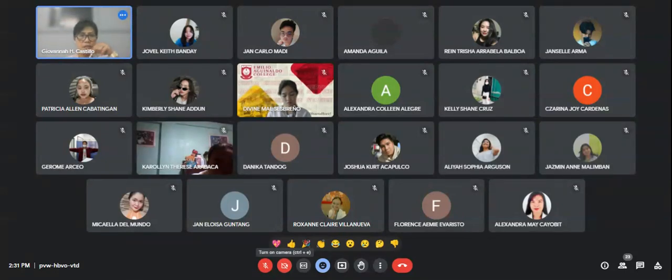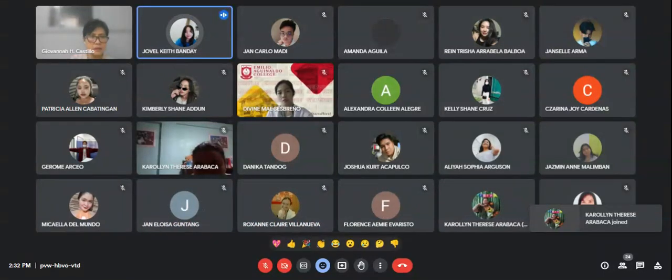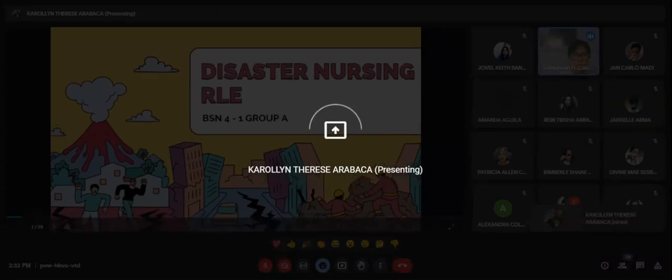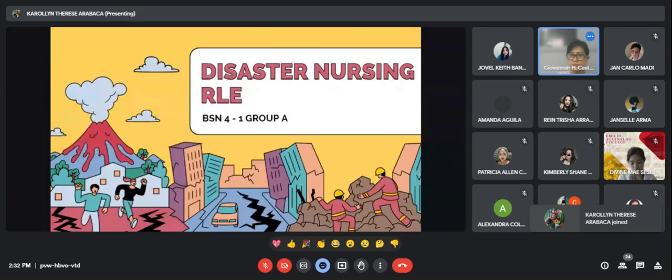Sige. Group A. Sino in charge sa group A? Hindi ko kasi makita dito. Kayo lang yung nakakaalam ng group yun. Sino-sino ang group A? Enumerate mo nga. Arabaca po, Arabaca, sino pa?